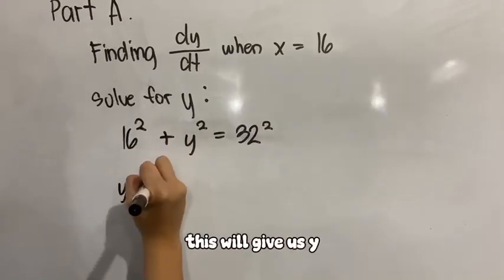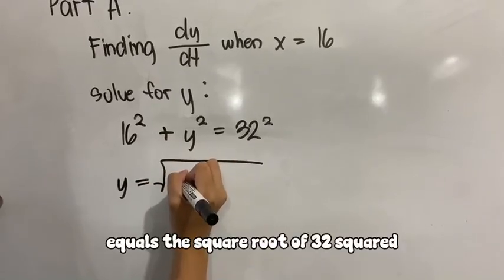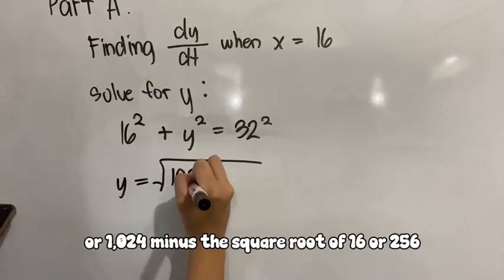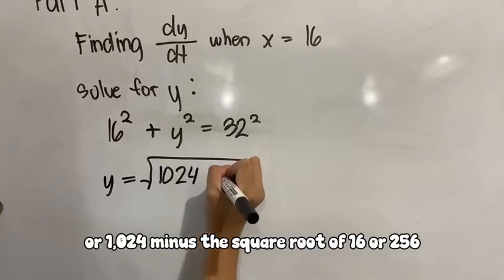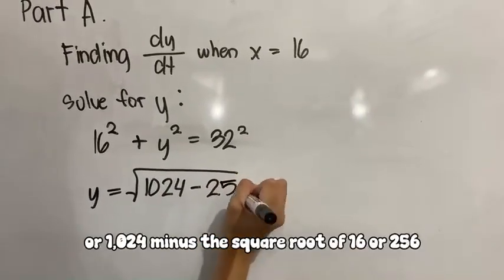This will give us y equals the square root of 32 squared, or 1024, minus 16 squared, or 256.